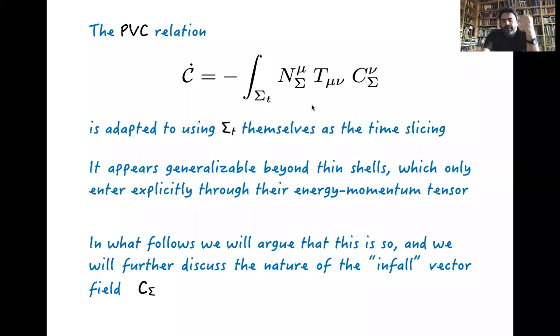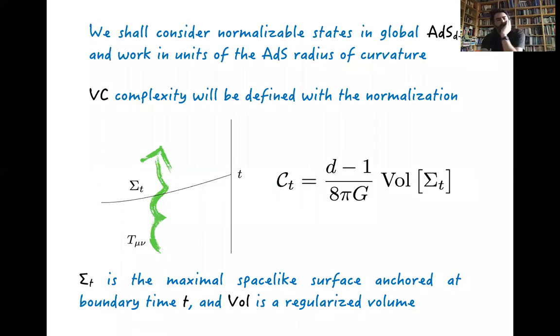In order to do that, I'm going to work with asymptotically AdS space with unit radius of curvature. I will consider normalizable states characterized by some T mu nu in the bulk. This T mu nu is not the operator in the CFT, it's just the energy momentum tensor of bulk fields, the thing that enters Einstein equations. So I will assume Einstein equations in the bulk.